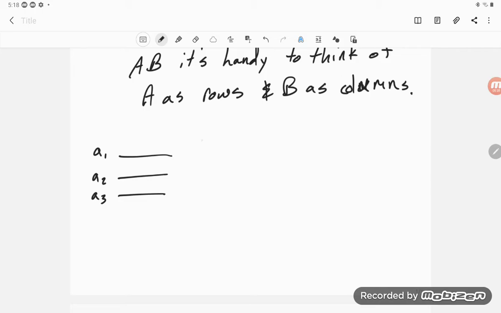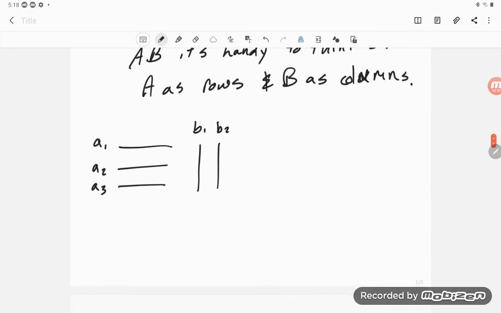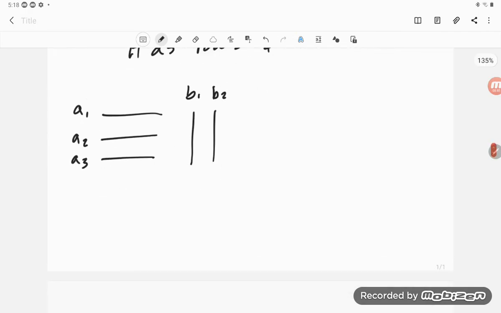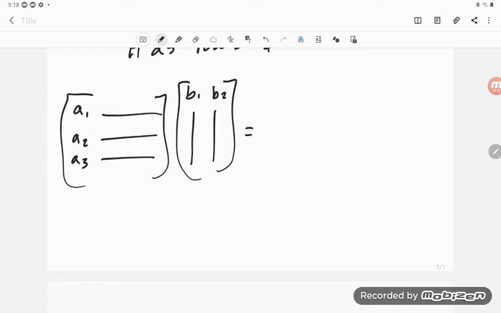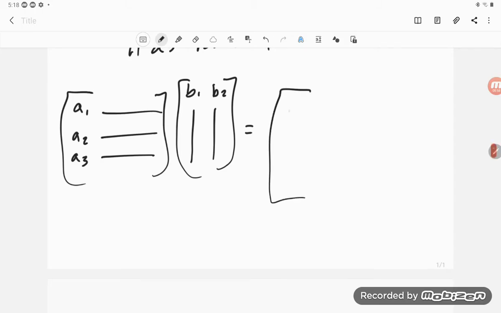Well, actually, let's go with 2 columns. B1 and B2. Then when I multiply these 2 matrices together, the answer is the matrix, and actually I should put lines over these because those are vectors.